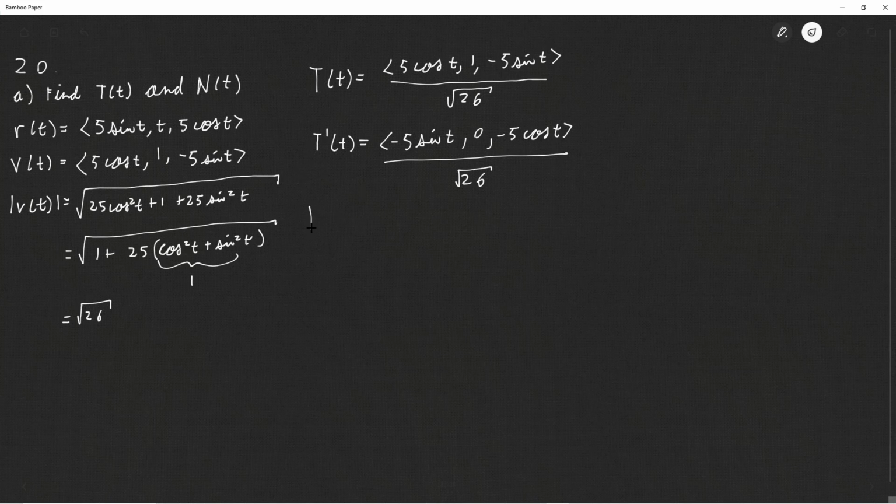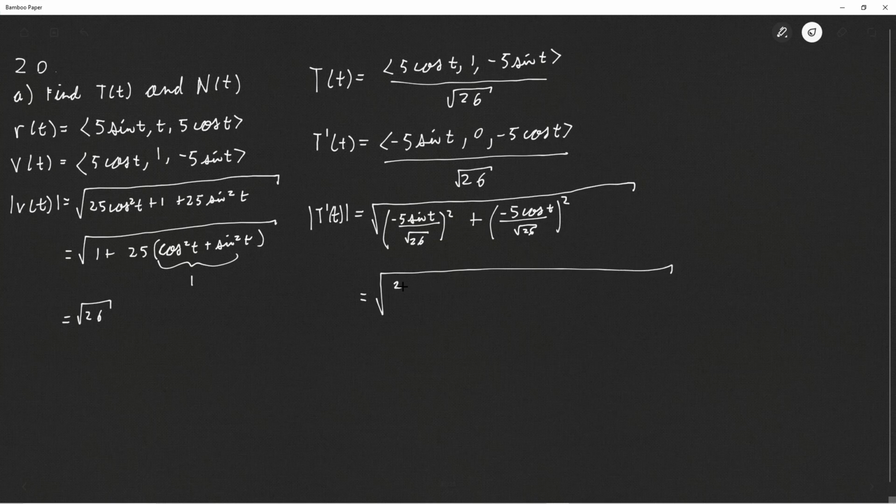Then to find the magnitude of our tangent prime, we square root it all, which will give us negative 5 sine of t divided by square root of 26 all squared, plus negative 5 cosine of t divided by root 26 all squared, which will give us the square root of 25 sine squared of t divided by 26 plus 25 cosine squared of t divided by 26, which if you factor out the 25 over 26, this will get you 25 over 26, and then sine squared of t plus cosine squared of t, which is 1.